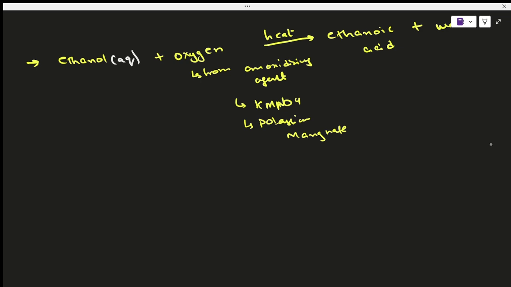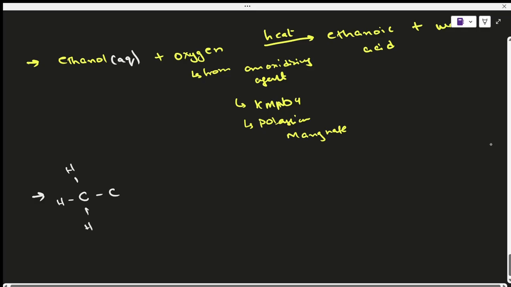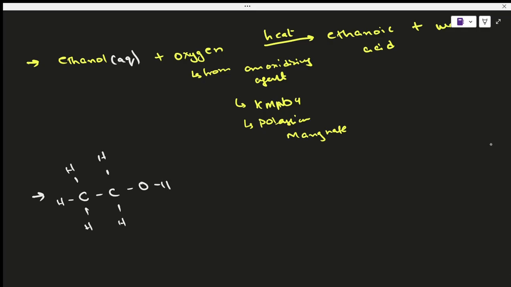And here, let's say I draw the structure, so ethanol is, we know, CH3OH. No, ethanol is a 2 carbon molecule, so this is C2H5OH. This is an alcohol molecule.